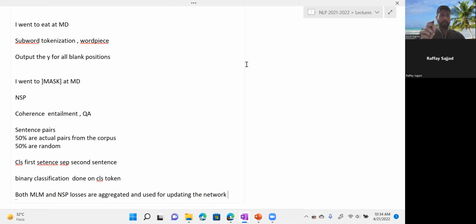And this model, as we discussed, is trained on large amounts of data for a given language. So if you're talking about English, we'll collect millions and billions of words for that language, and then construct the training data in this way, maybe 50% pairs of sentences, 50% non-pairs of sentences, and within those pairs, 15% are masked, then do the MLM and NSP losses and update the network.